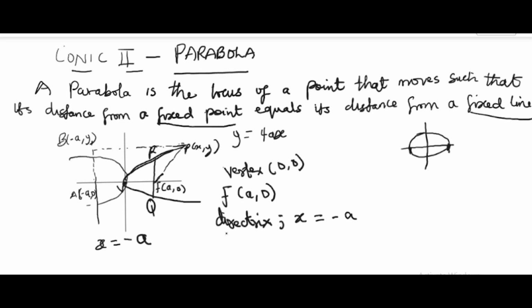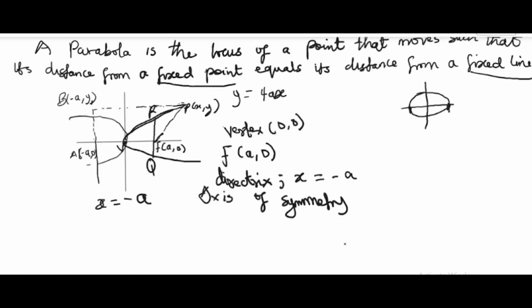The next thing I'm going to talk about is the axis of symmetry. I'm explaining everything on this curve. This axis of symmetry is the line that divides the parabola into two equal halves.